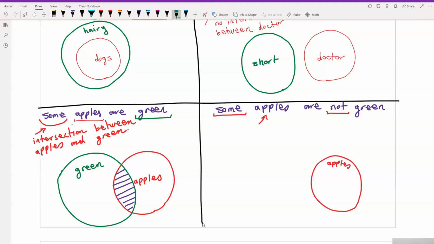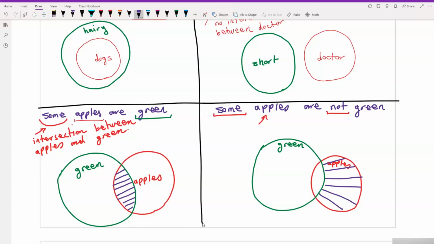We have "some." But the point is, here we have "are not green." So some of these apples are not green.